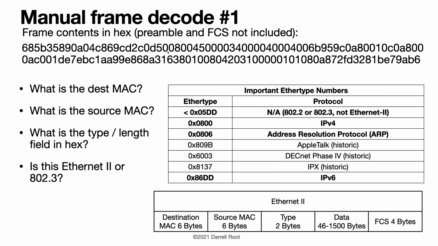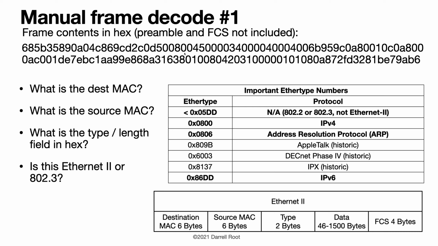What is the type or length field? The reason I say that is I've been talking about these other Ethernet frame formats. The next 2 bytes are either a type or a length, depending on the value. The type or length field in hex is 0800. Is this Ethernet 2 or 802.3? Well, 0800 is greater than 05DC, so this is Ethernet 2.